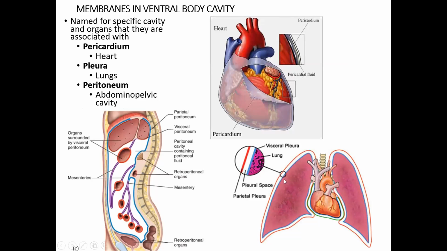Here in the lungs, we have the visceral pleura right here, this blue band on the surface of the lung, stuck to the surface of the lung. We have this parietal pleura stuck to the inside lining of the chest wall. And in this gap, the pleural space is filled with serous fluid.